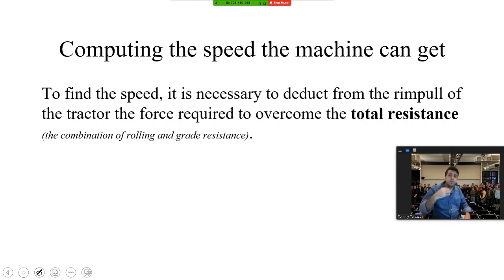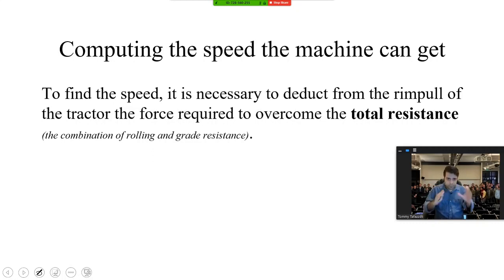But in the real world, let's say you want to move up a hill. Your machine wants to go up a hill. First, you should defeat the grade resistance, and there is also rolling resistance. So a portion of the rim pull force will be consumed for defeating the total resistance, and total resistance is nothing but the summation of the rolling resistance and the grade resistance.